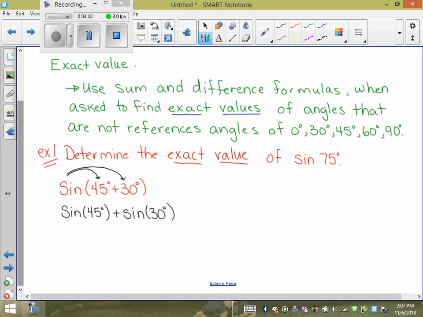What mode do we need to be in? Degrees. Yep. So we need to be in degree mode, and we go sine 45 plus sine 30.